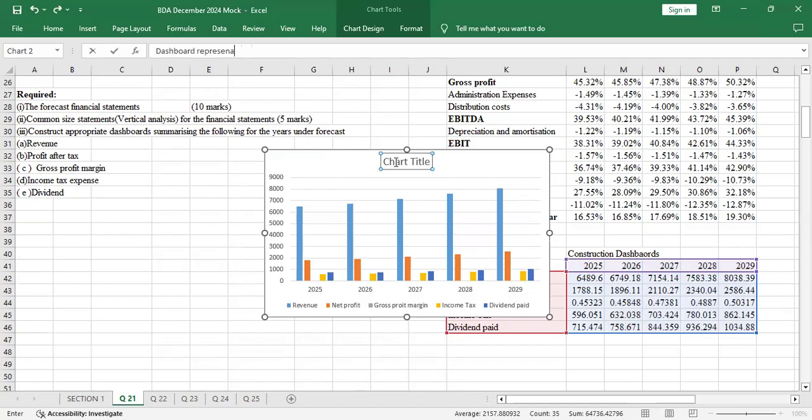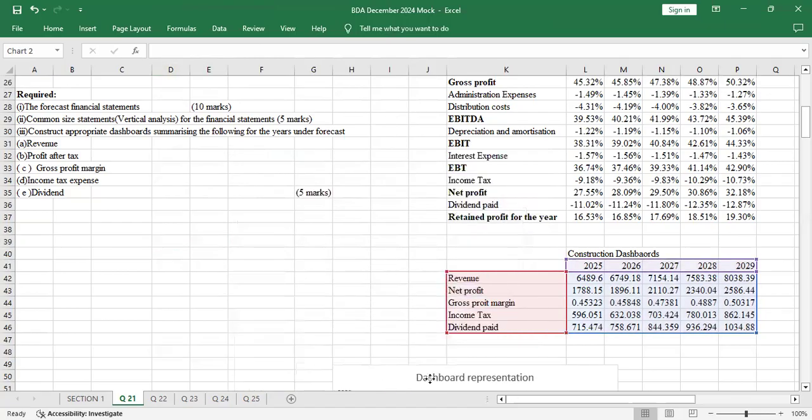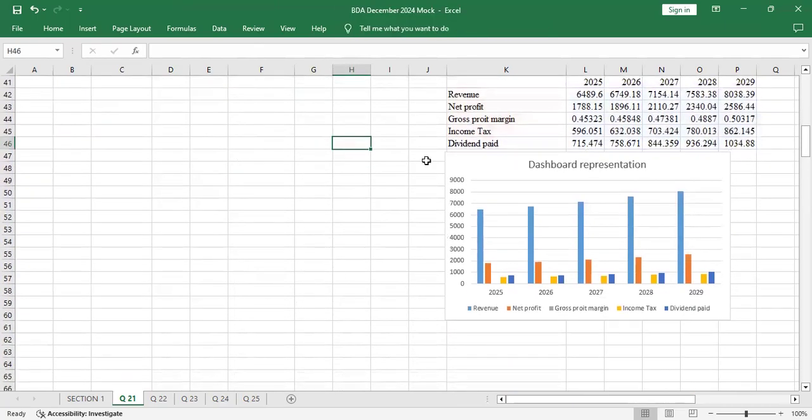Once you are done with that, you just drag it down here. You know that. Then you click on the sides, so that somebody can read.